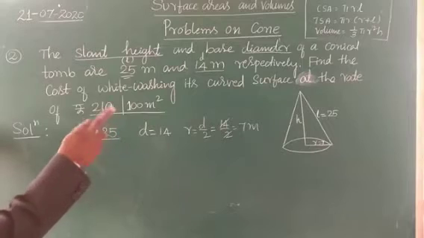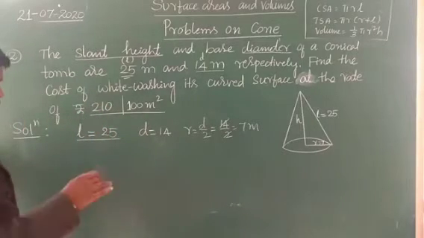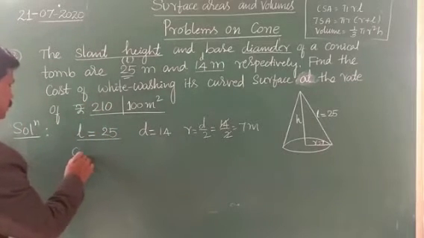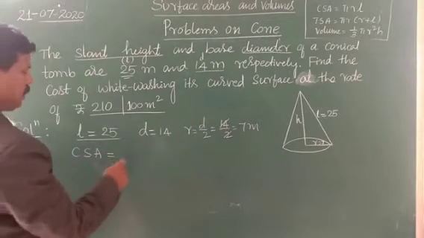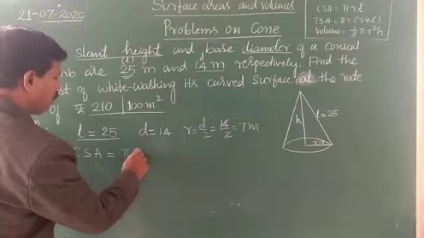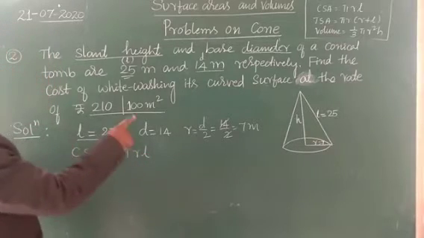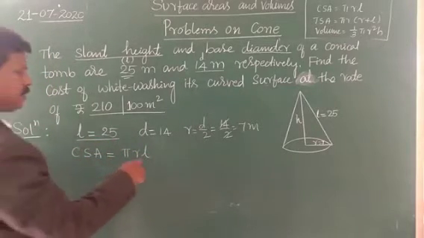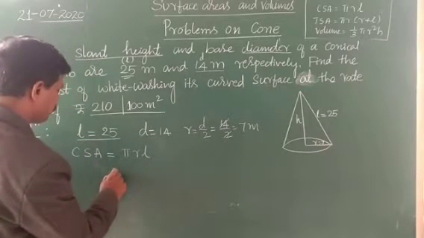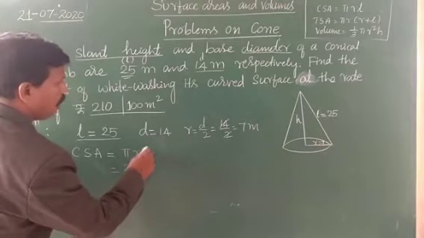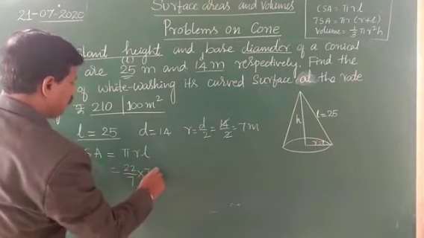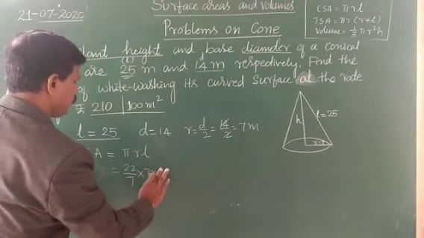So we need the curved surface only. Therefore, first is CSA. CSA of the conical tent is pi r L. Here you can use pi as 22 by 7. So I am writing here 22 by 7 into r is 7 into L is 25.